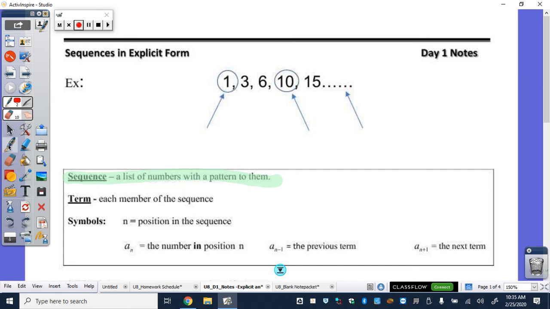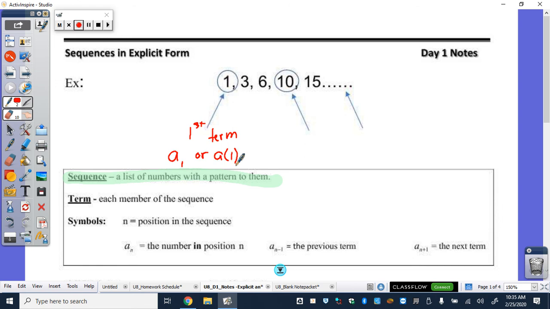But with our sequences, each number is what we refer to as a term. So the number 1 up here is what we call our first term in our sequence. There are a couple of ways we can write it. We have 2 different kinds of notation.